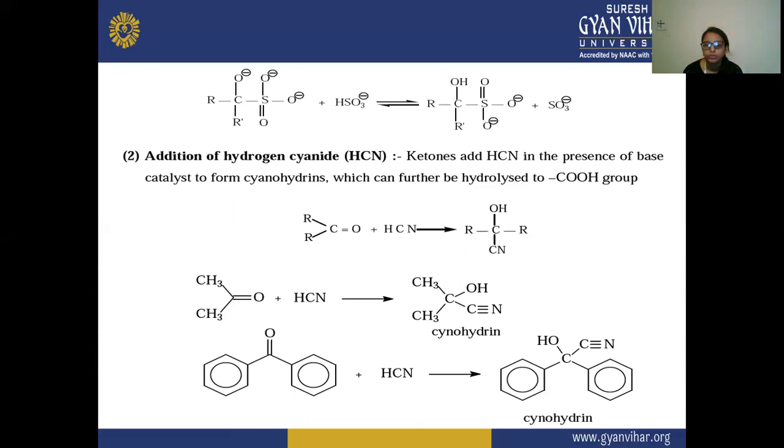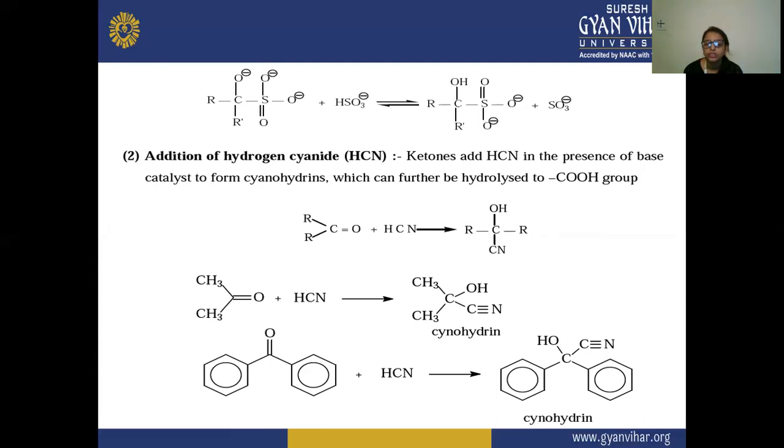So here is the dissociation of HCN. The H is positive and CN is negative. So here CN negative is your nucleophile. This nucleophile will attack the carbonyl carbon, which has the partial positive charge, and the oxygen has the partial negative charge. After the addition of CN to the carbonyl carbon, the H, which has the positive charge, will react with the oxygen, which has the partial negative charge.